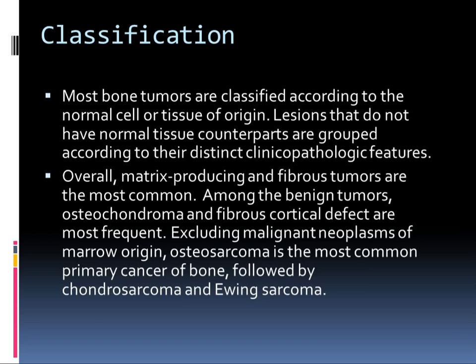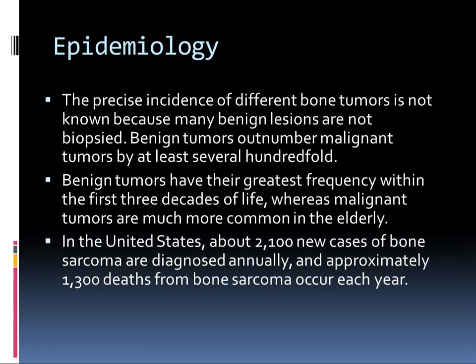Among the benign tumors, osteochondroma and fibrous cortical defects are more frequent. Excluding malignant neoplasm of the marrow origin, osteosarcoma is the most common primary cancer. If anybody asks you which is the most common primary malignant tumor of the bone, you will have to say osteosarcoma, followed by chondrosarcoma and then Ewing sarcoma. Okay.